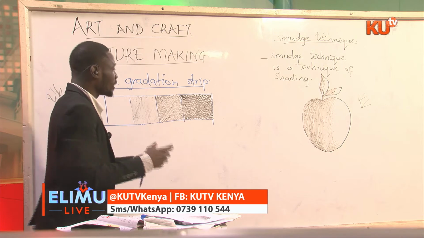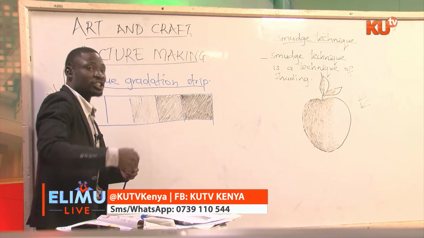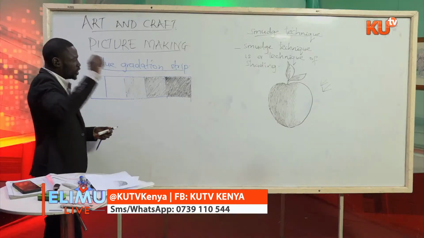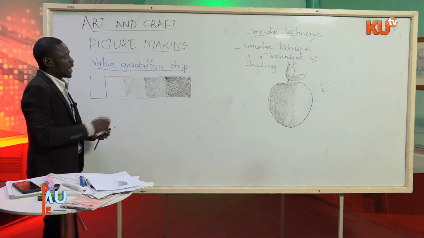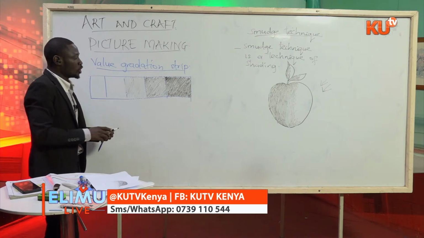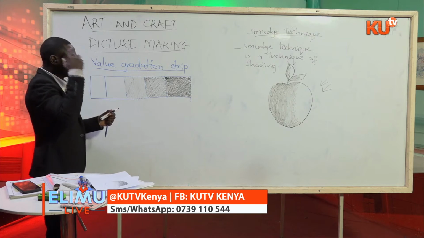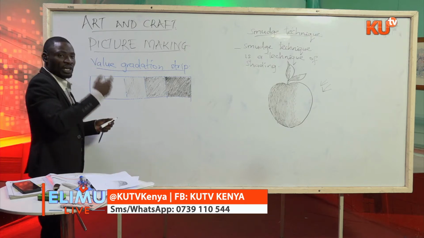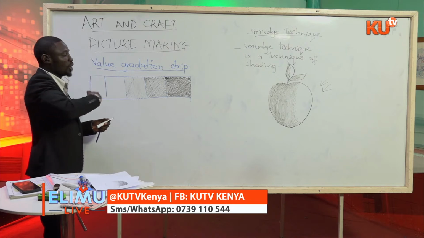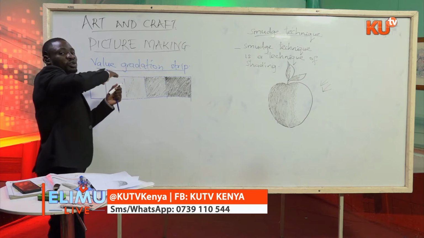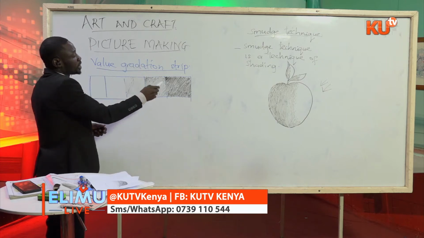Like I have said, and I'm repeating, when you are shading, first identify where the light is coming from, so that as you shade you keep in mind that where the light is coming from appears lighter, and as you move away from the light, your shading becomes darker.